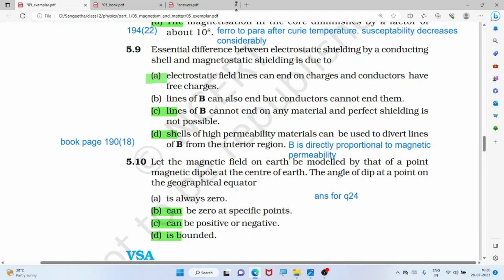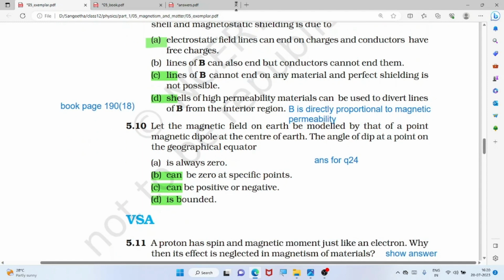The B lines will be in a closed loop, whereas electric field lines can end on other charges. The shells of high permeability materials can be used to divert the lines of B from the interior. This may be possible.